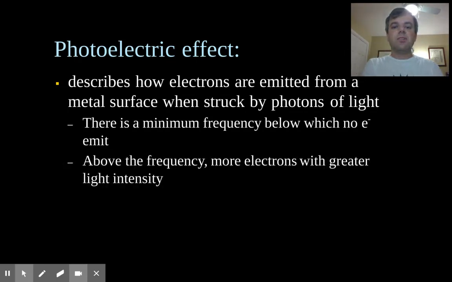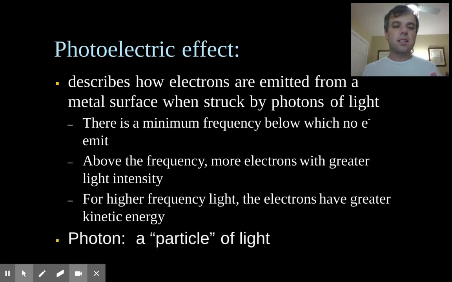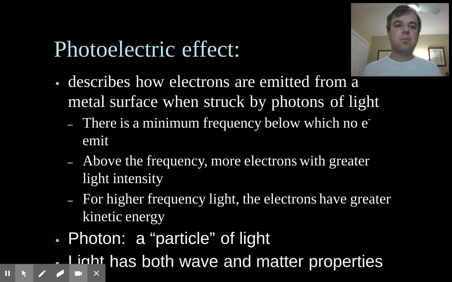Above that frequency, the more intense or the brighter the light, the more electrons you have emitted. And the higher the frequency you go, the more energy those electrons have. But the key thing is there's a minimum frequency below which you don't get anything given off.